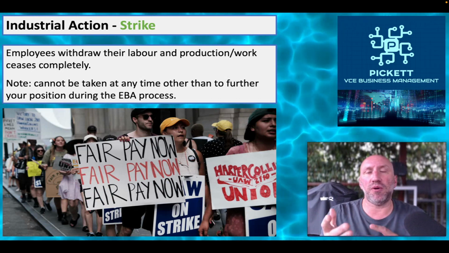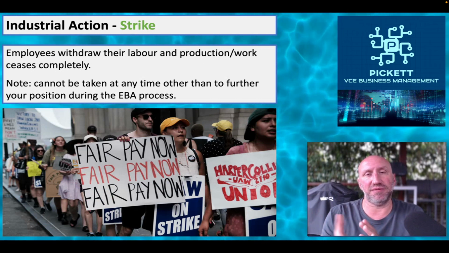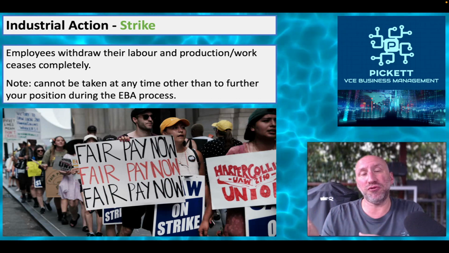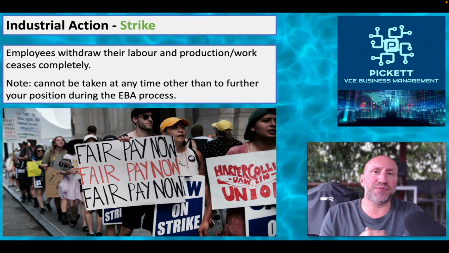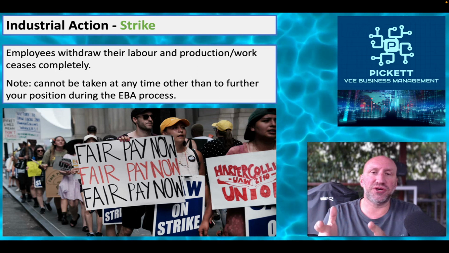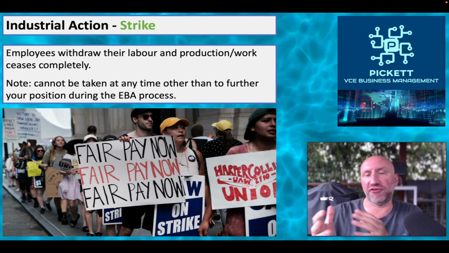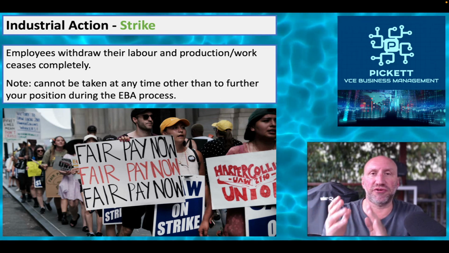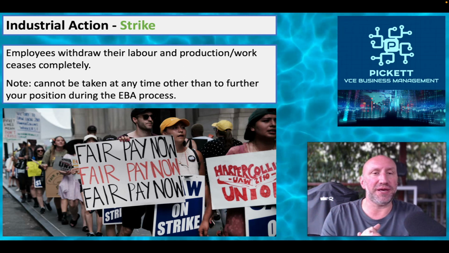In terms of what this might look like, a strike is the most commonly known method, I guess. And a strike simply means employees just withdraw their labour and production work ceases completely for a period of time. So you might decide to go on strike for a day, a week, whatever it might be.